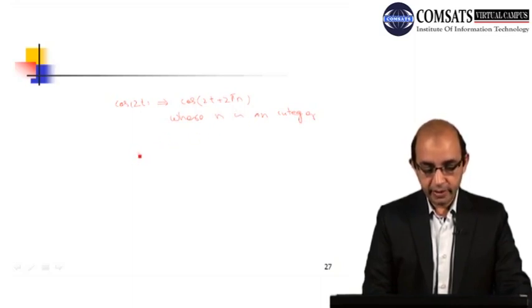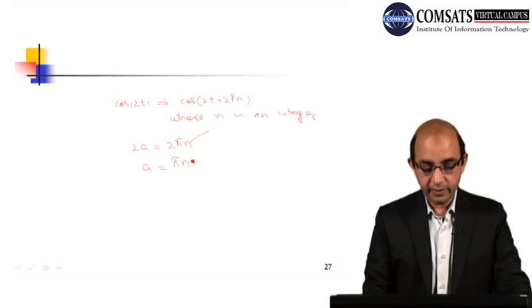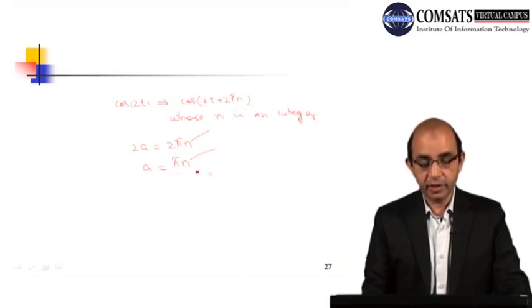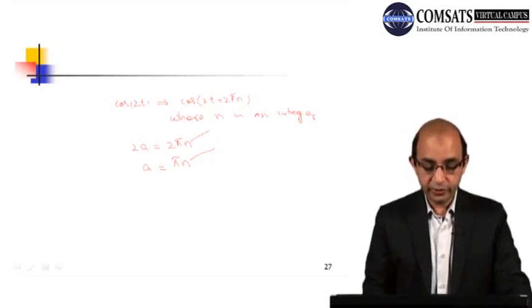So 2a is equal to 2 pi n; remember that n is an integer, so a is equal to pi n, and again n can take on any integer value, so we are left with the period equal to pi, right?